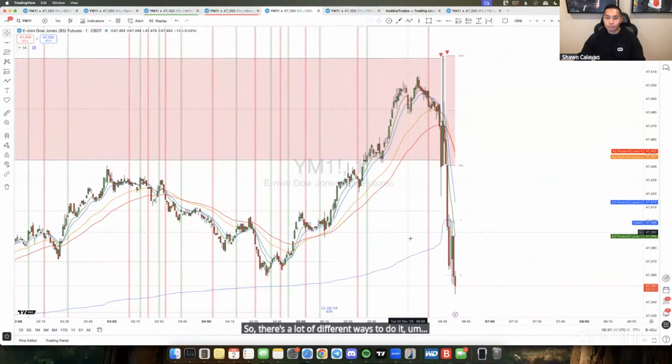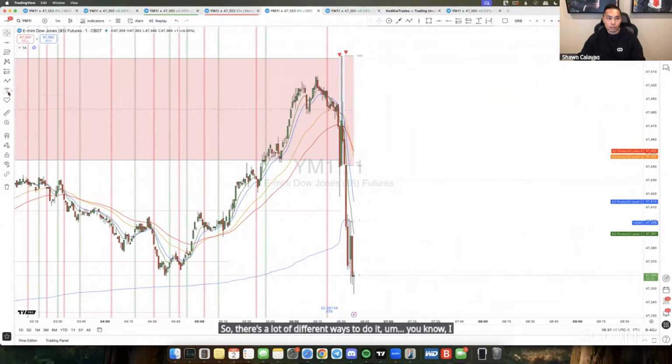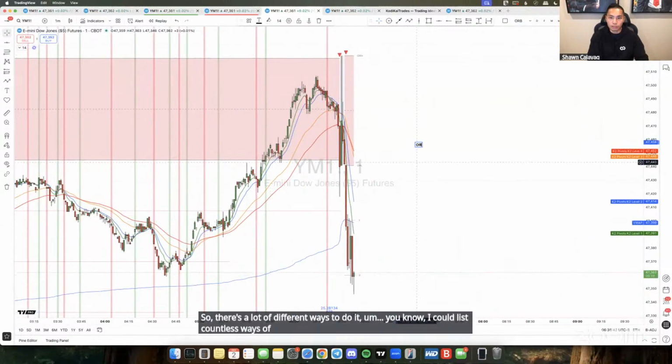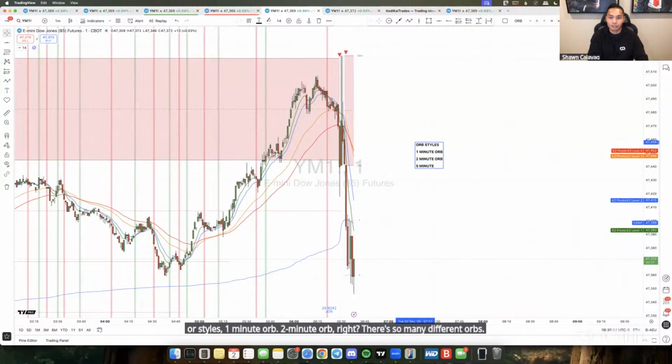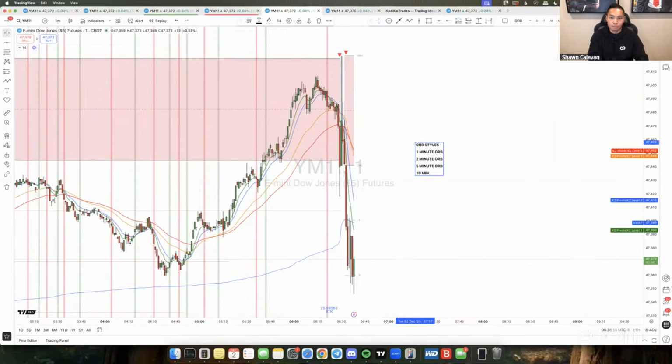I could list countless ways of ORB. So, like, ORB styles, right? 1 minute ORB, 2 minute ORB, there's so many different ORBs. 10-minute ORB. The classic is this one, 15-minute ORB. This is what most people use.